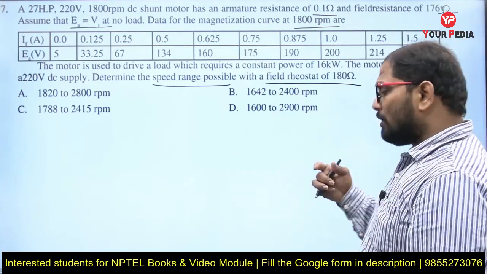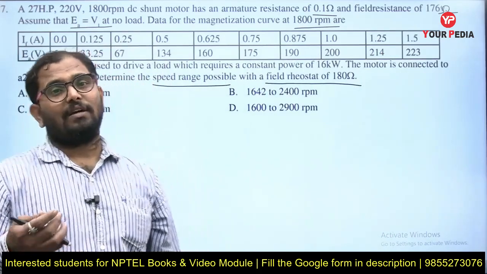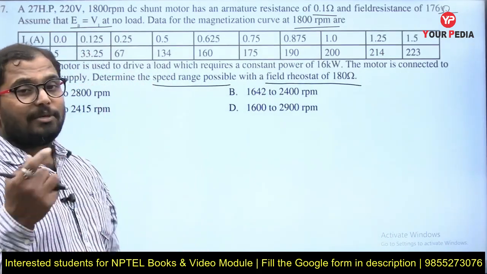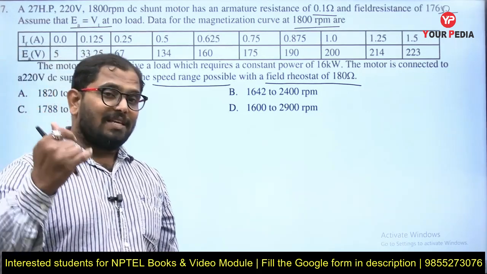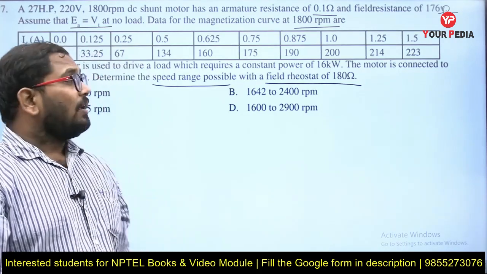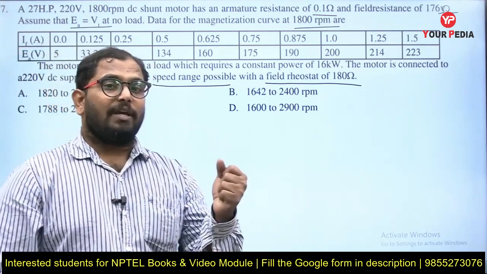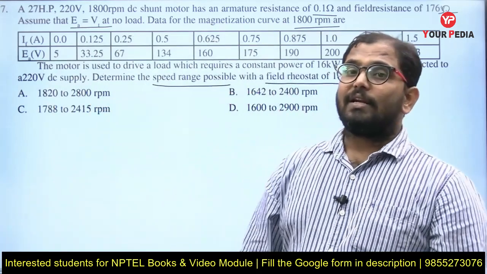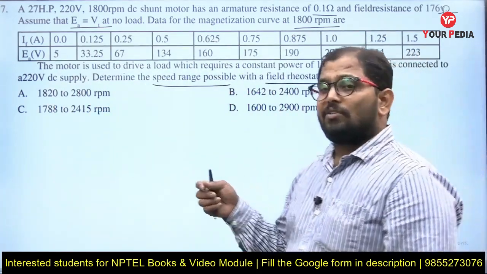We have two types of speed control: armature resistance control and field flux control. Armature resistance control or armature voltage control will give you a speed less than the rated speed, and this field rheostat control or field flux control will give you a speed more than the rated speed. Now let's solve this question.